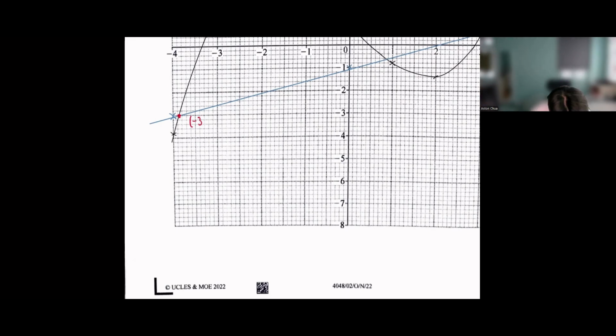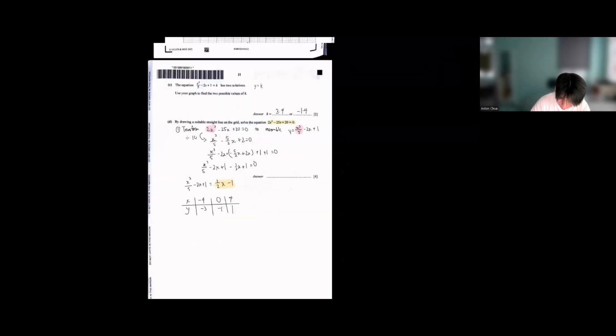According to my graph, your x is minus 3.7. Note that we're only concerned about the x values, because we want to solve for x.